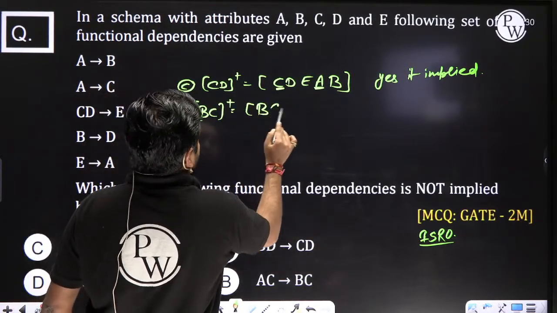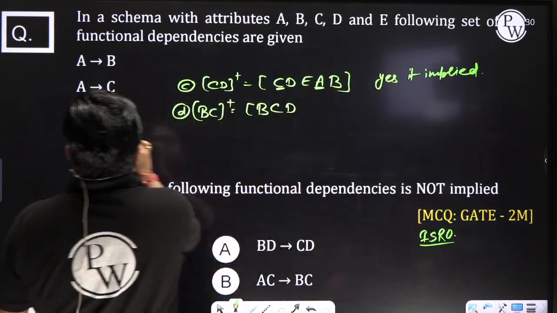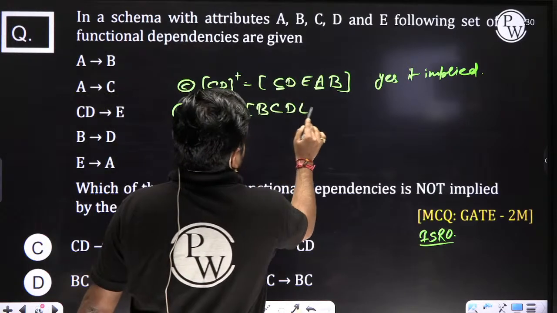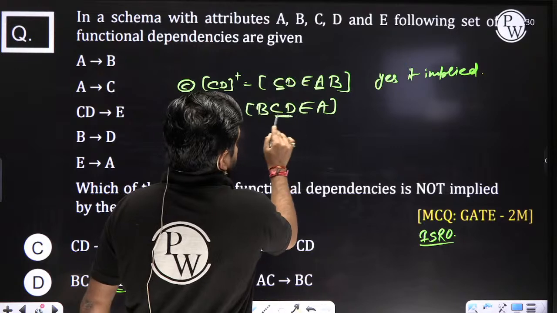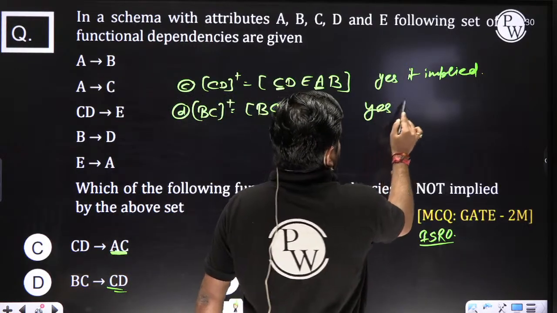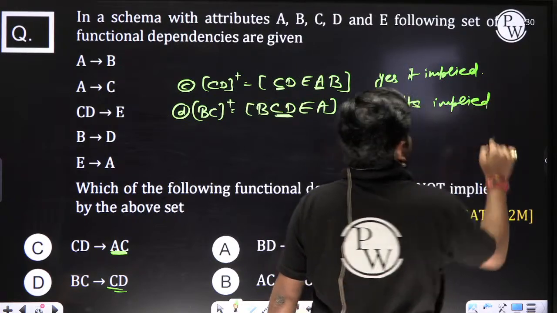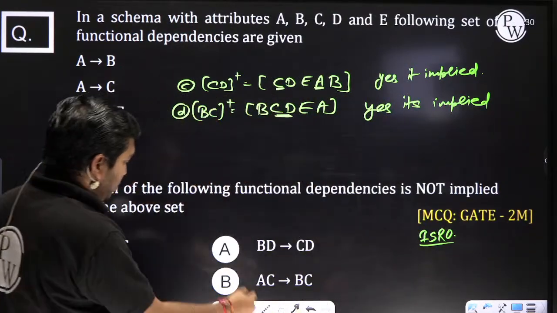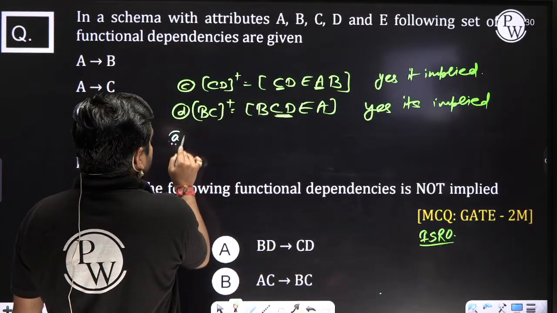Take the first of D. Fine, E. But what is asked? CD. Yes, it's implied. Now check the option.